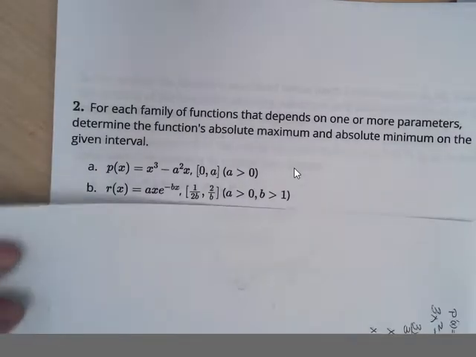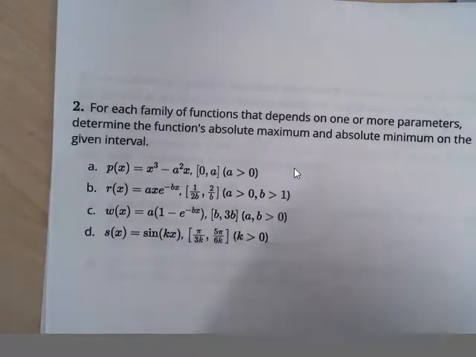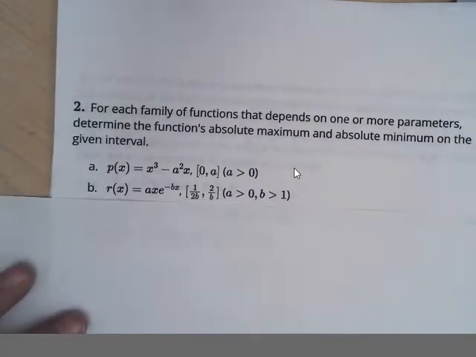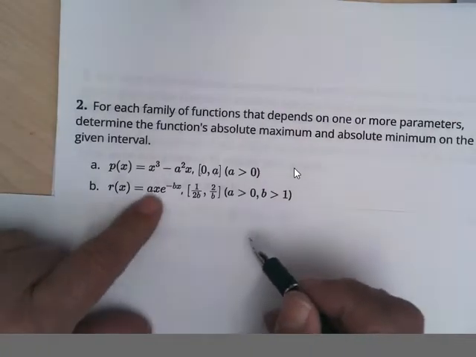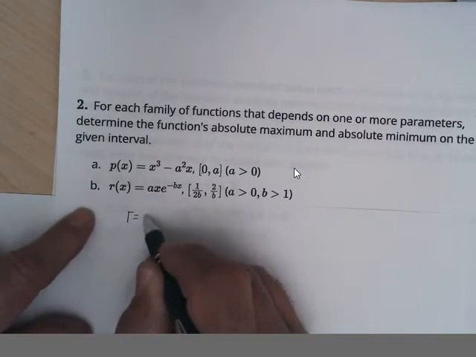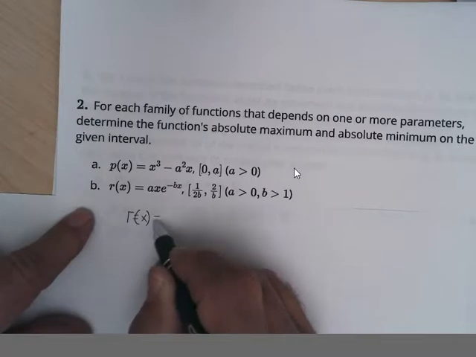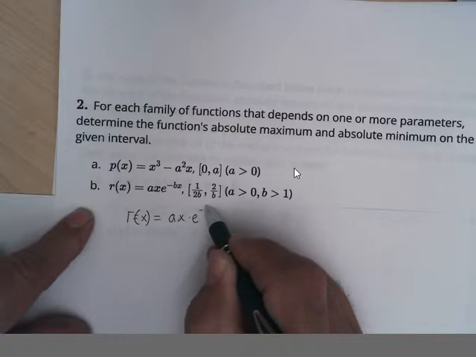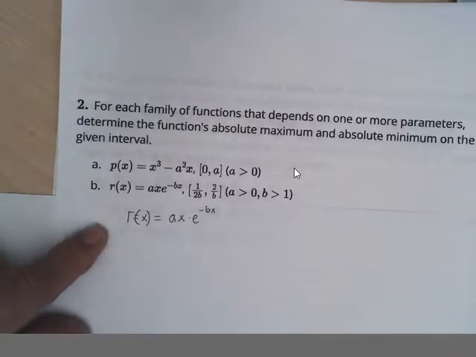That's 1. Now let's do 2. So, we've got r of x equals a x times e to the negative bx.